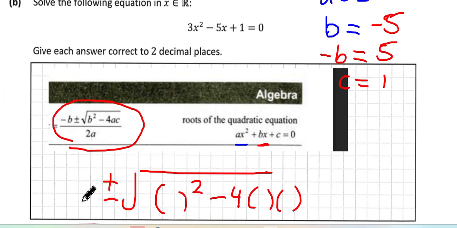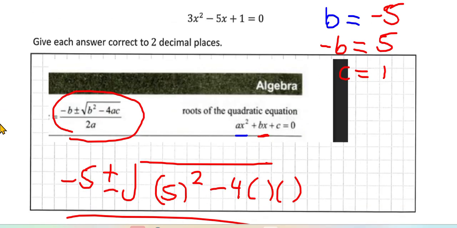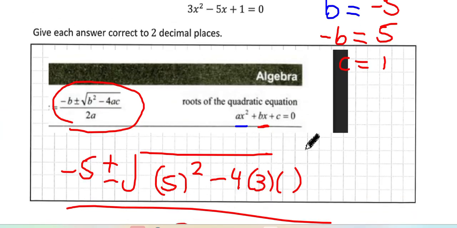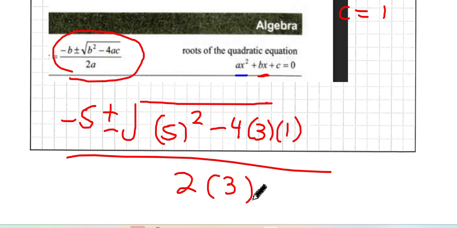So this space here? Not 5. Minus 5, because it's minus B, yeah? What goes in here? 5. If you don't have it taken down, would you take it down just so we have it? And then what goes here? 3. A is 3. And then B, C I'm in? 1 all over 2 times 3.